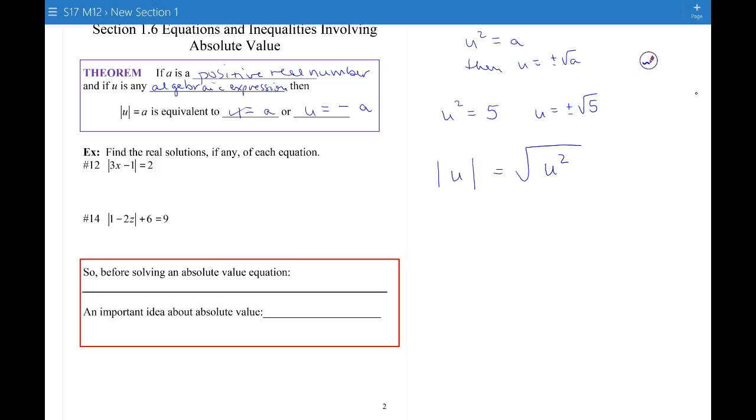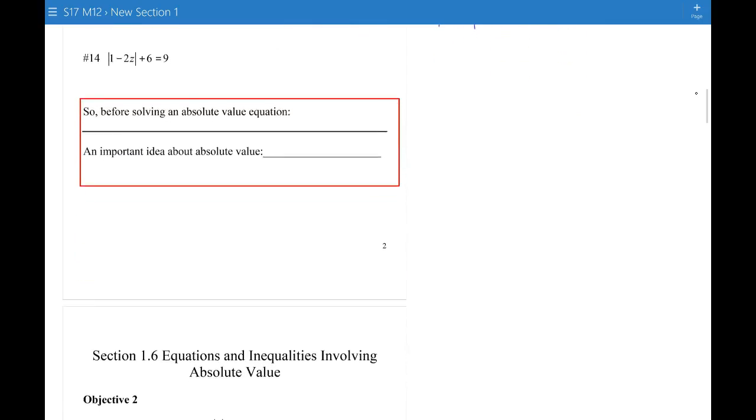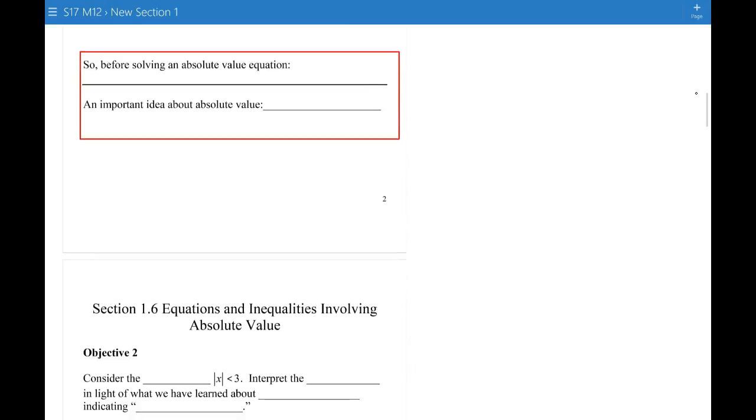So here's find the real solutions, if any, of these equations, and we're going to look at those in class together. And always before solving an absolute value equation, isolate the absolute value. So this sentence should start becoming familiar to you because isolate the interesting thing comes up a lot. Isolate the logarithm, isolate the exponential, isolate the radical, isolate the absolute value.